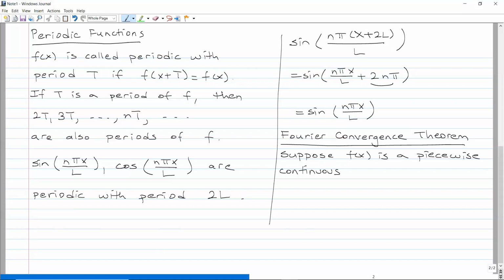So they have points of discontinuity, but in any finite interval, there are finitely many discontinuities. And at the discontinuities, we have left and right limits. They may not be equal, so the function is bounded, but it may have a jump discontinuity at some points. So a piecewise continuous function of period 2L.